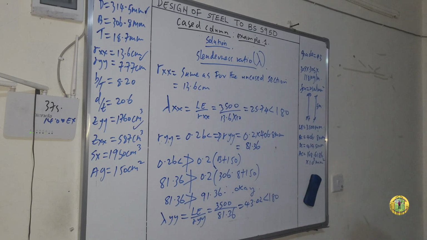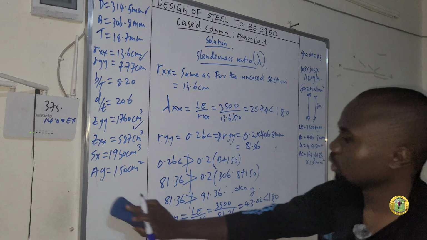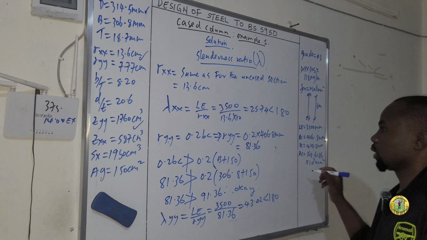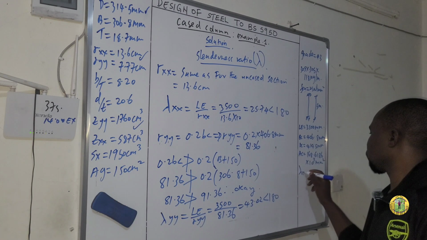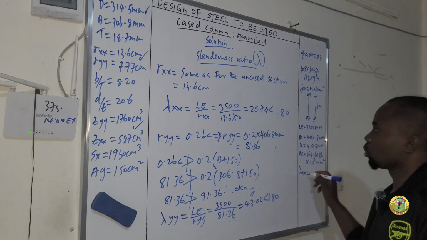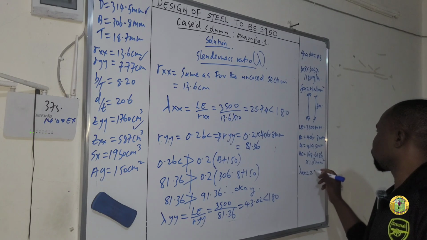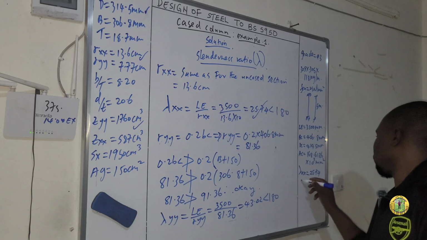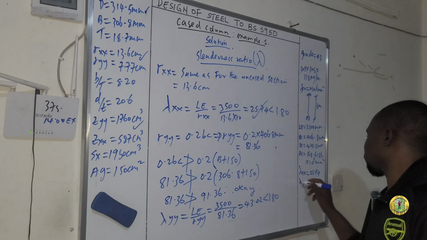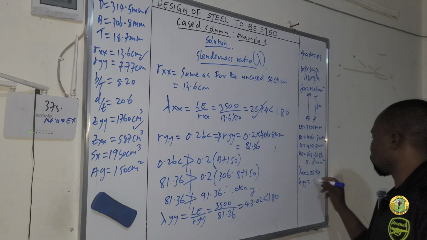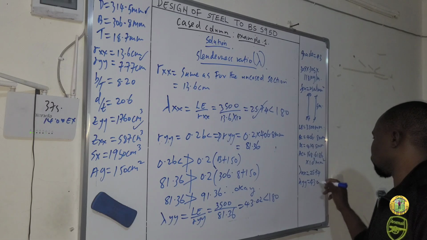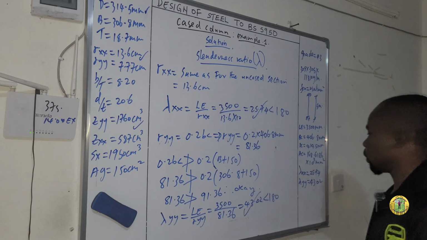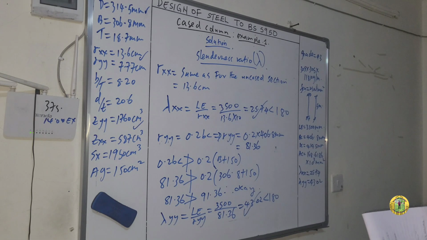Therefore, okay. So again, we come here and say the slenderness ratio for XX is equal to 25.74, and for YY is equal to 43.02.